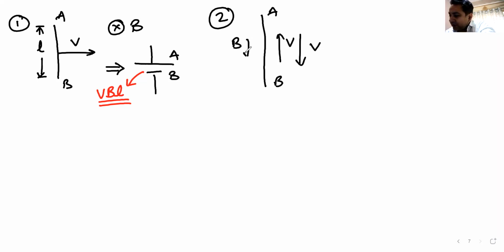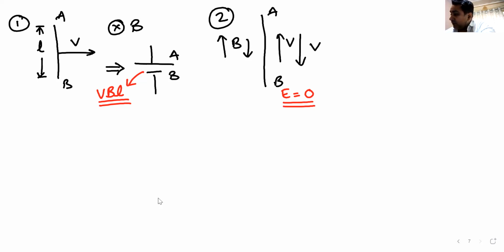Magnetic field is here or magnetic field is here. What will be the answer? EMF is 0. Do we understand this? Yes or no?